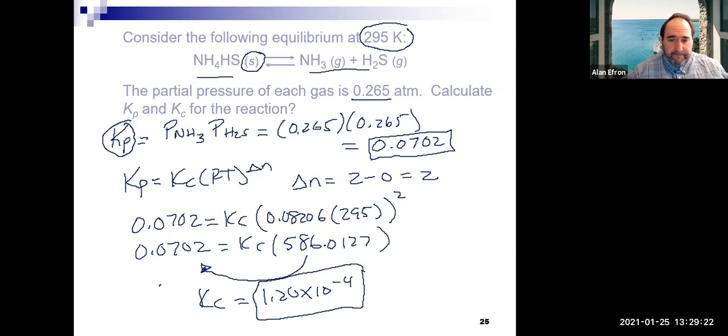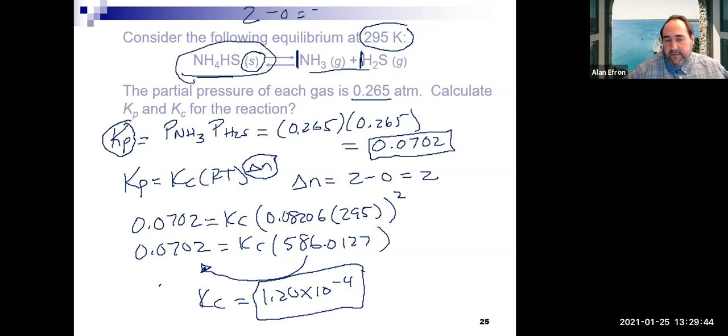Where did you get the power of 2? That is the delta N, which is the difference in the moles of gas molecules on the products minus reactants. On the product side, each gas molecule is 1, and there are two, so that would be 2. On the reactant side, that's 0 because that's a solid.